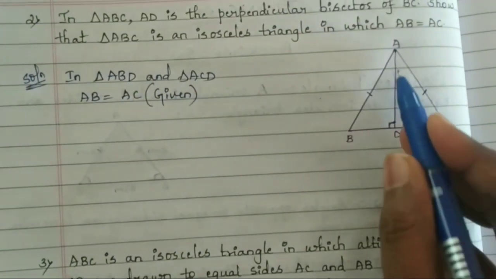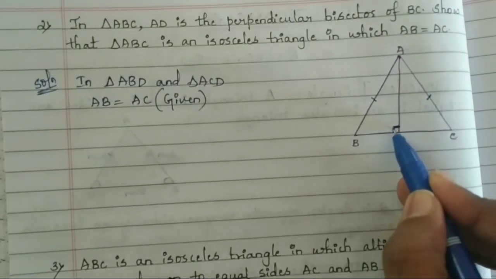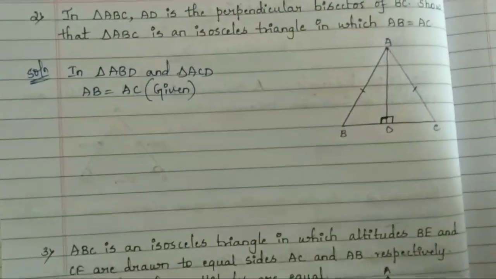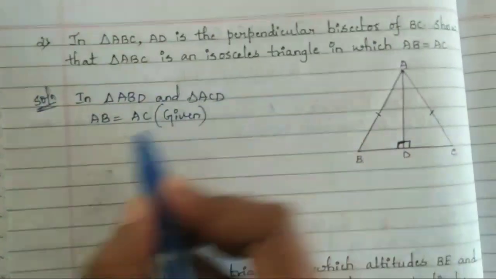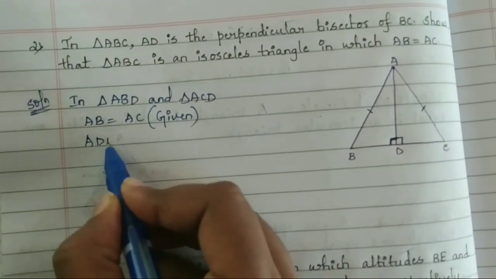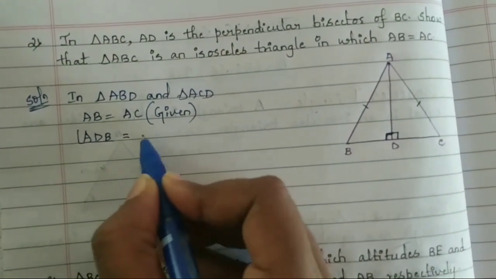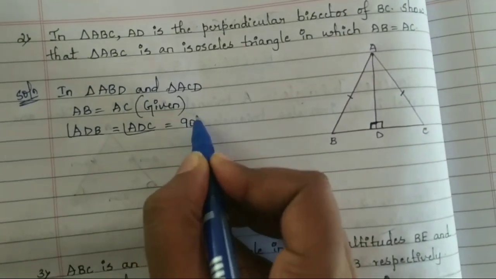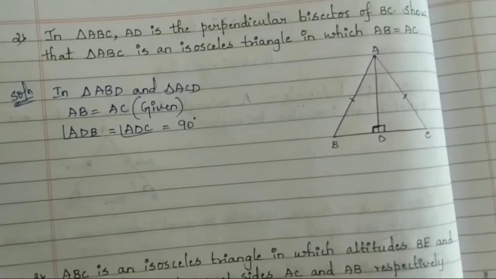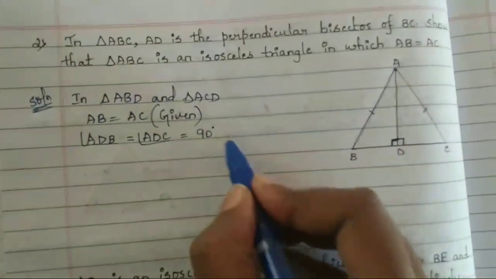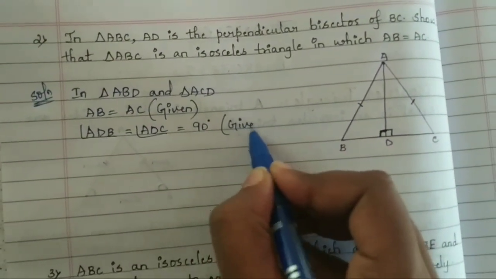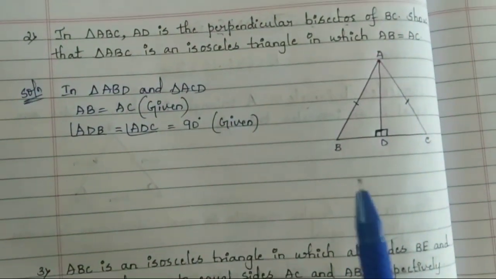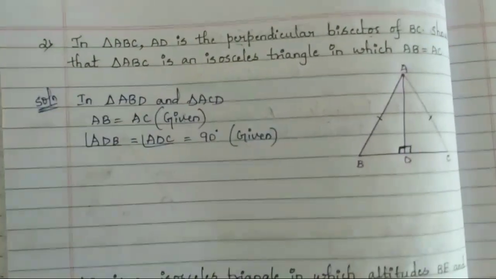And as this is a perpendicular bisector, this angle is 90 degrees, and this angle will also be 90 degrees. So we can write angle ADB is equal to angle ADC, which is equal to 90 degrees. It is also given in the question, as you can see, perpendicular bisector.